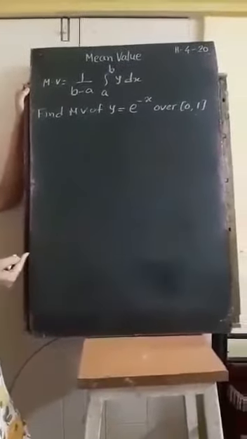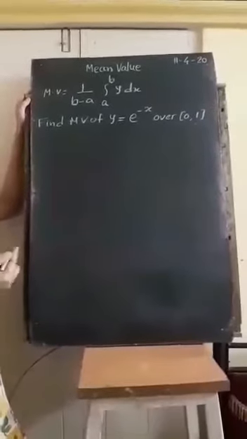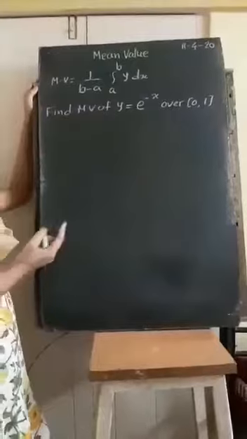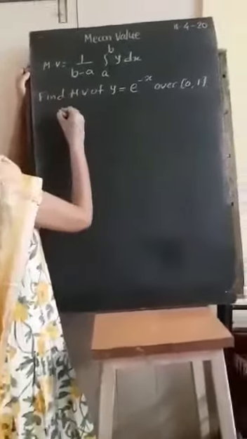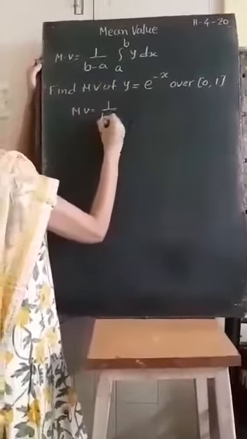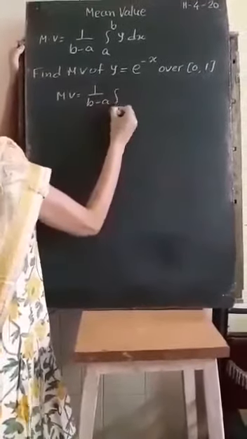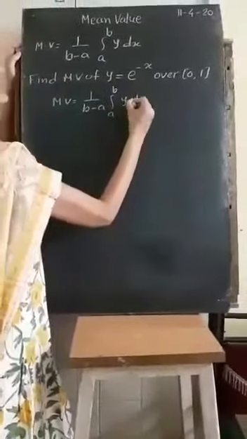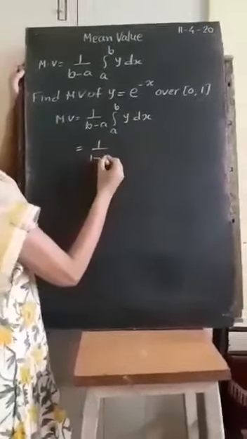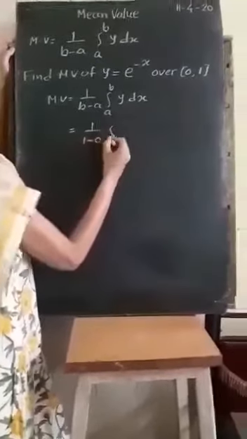E raised to minus x and range is 0, 1. That means a is 0 and b is 1. So we will write the formula of mean value again. Now in place of b we will put 1, in place of a we will put 0.